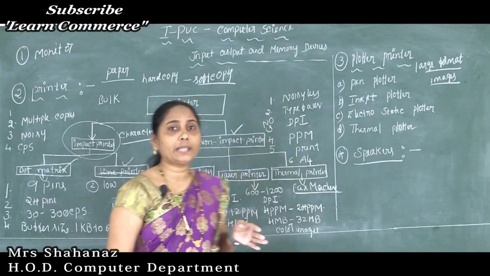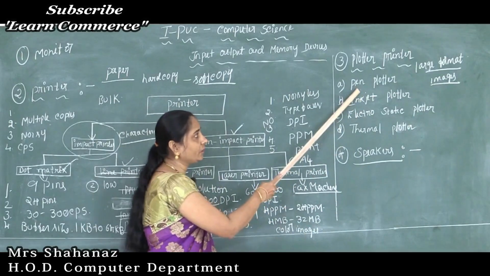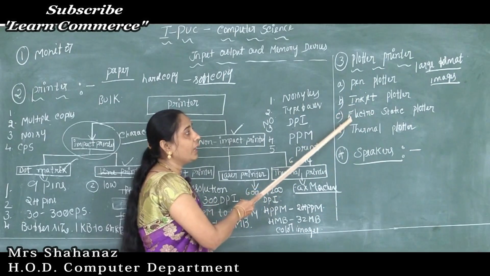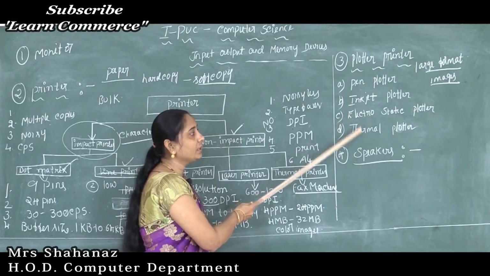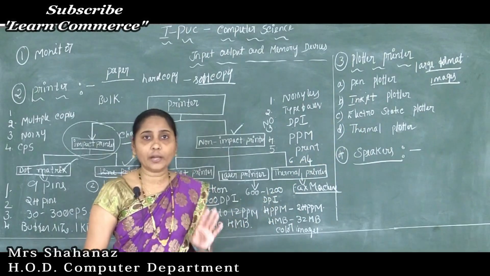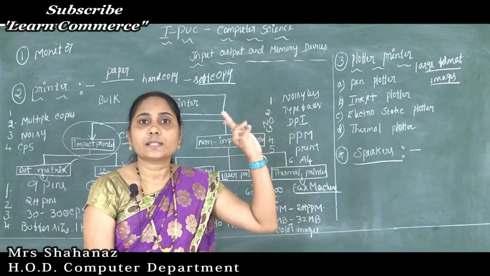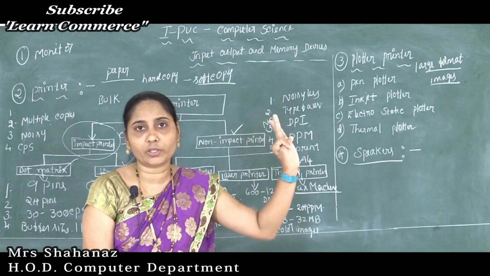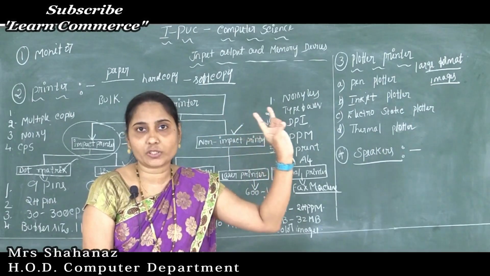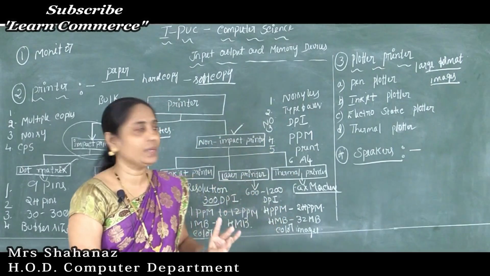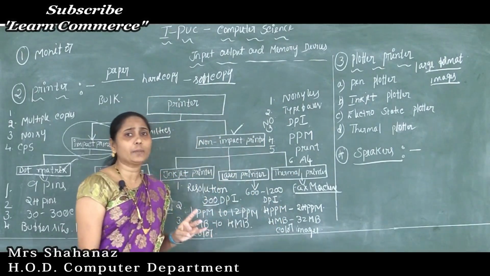In our plotter printer some types are there: pen plotter, inkjet plotter, electrostatic plotter and thermal plotter. So there are four types. First is the pen plotter, second is the inkjet plotter, third is the electrostatic plotter, and fourth is the thermal plotter.